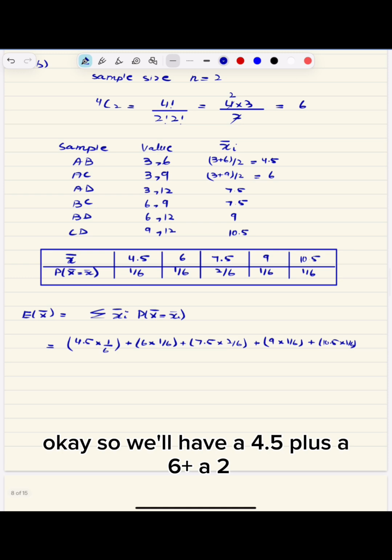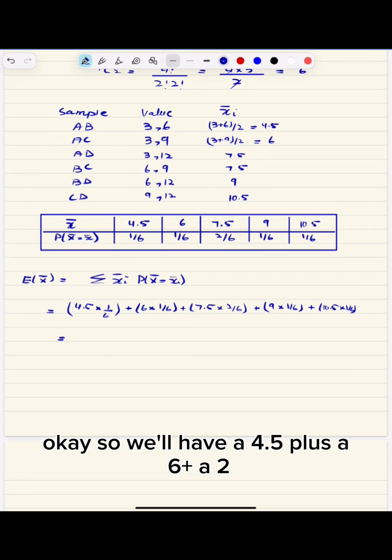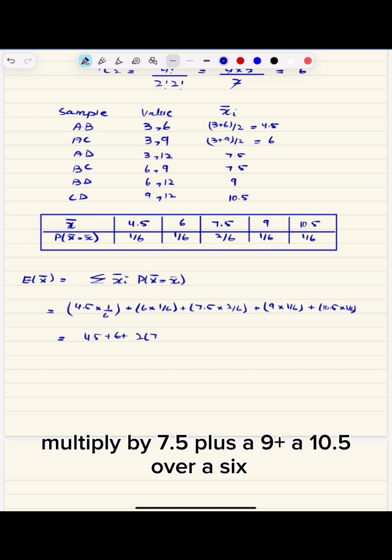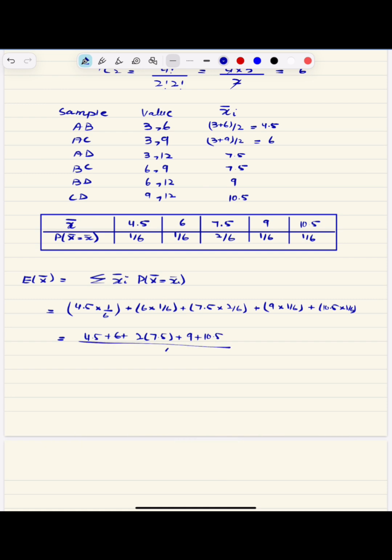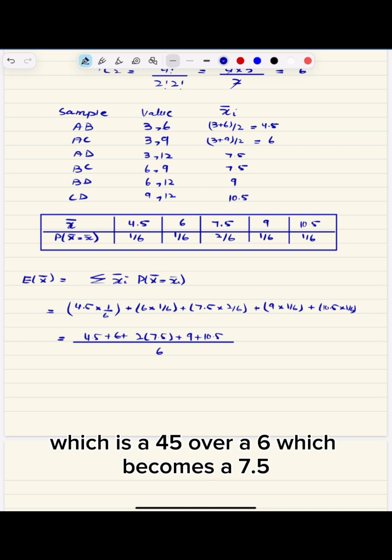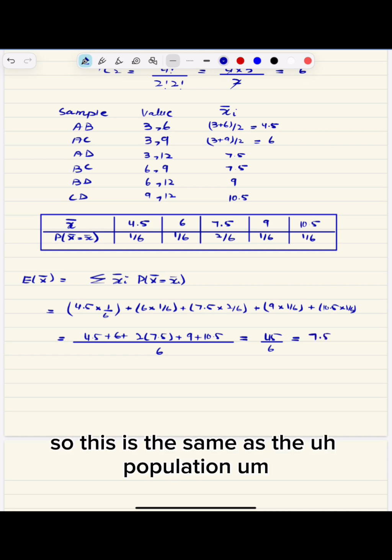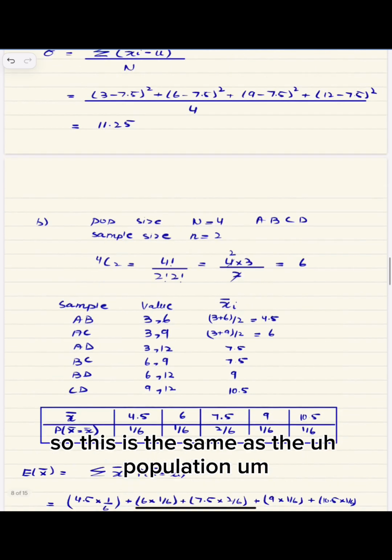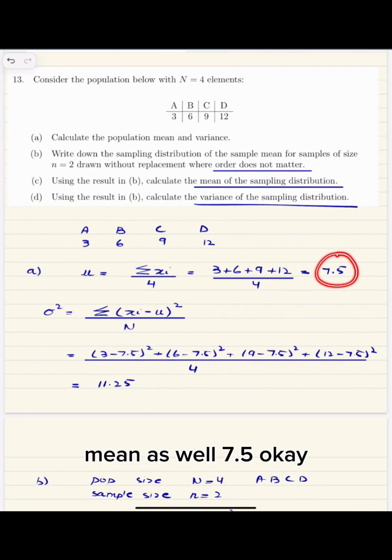So we'll have 4.5 plus 6 plus 2 multiplied by 7.5 plus 9 plus 10.5 over 6, which is 45 over 6, which becomes 7.5. So this is the same as the population mean as well, 7.5.